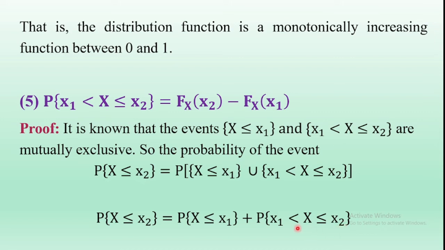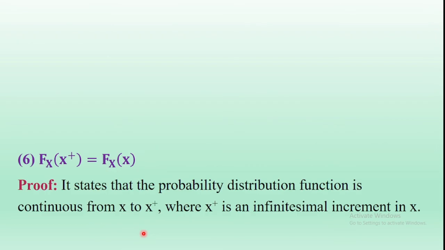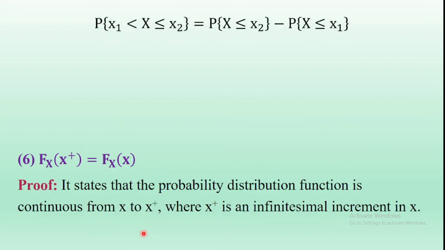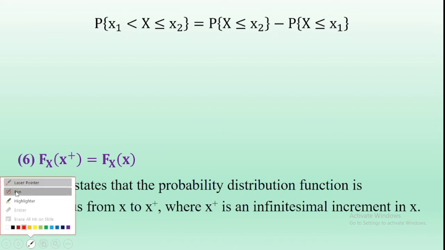From this equation, the first term on the RHS goes to the LHS side. We have probability of x1 less than x less than or equal to x2 is equal to probability of x less than or equal to x2 minus probability of x less than or equal to x1. From the definition of the cumulative distribution function, and what is the definition?